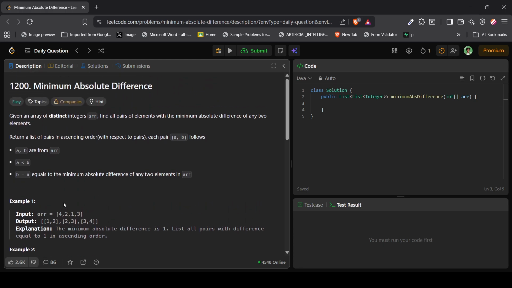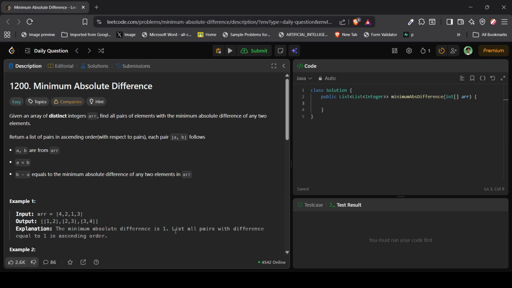First of all, as we have to return the array in ascending order, we can just sort it out, because we need the elements to be as close as possible.